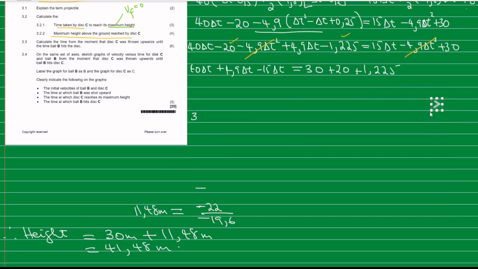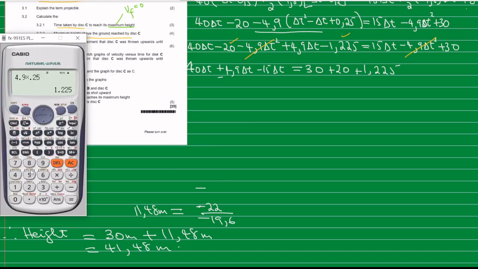Right, then continuing there, we now have 40 plus 4.9, negative that one. Let's put it in our calculators.